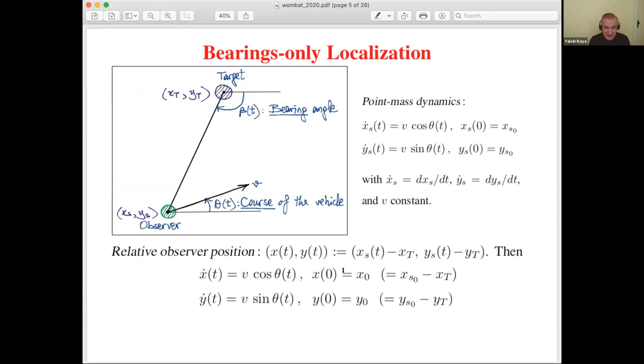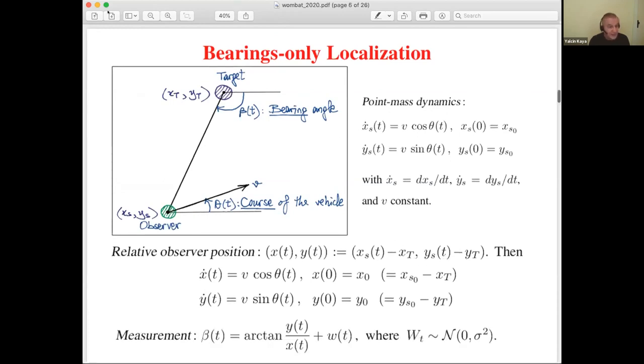So we have one differential equation for the x coordinate, and another differential equation for the y coordinate, and we are working with these differences. The measurement, as I said, has noise in it, and that noise is assumed to come from a zero mean, sigma standard deviation normal distribution.